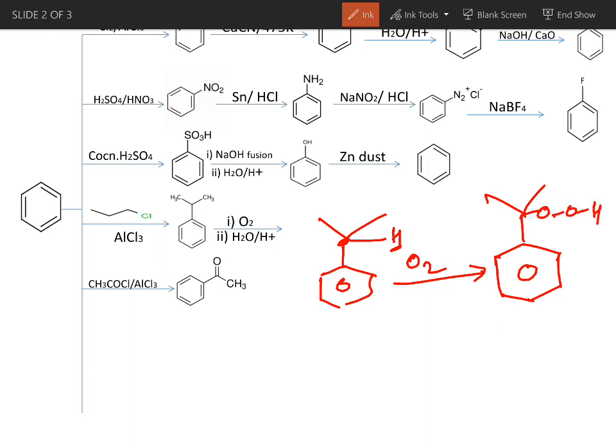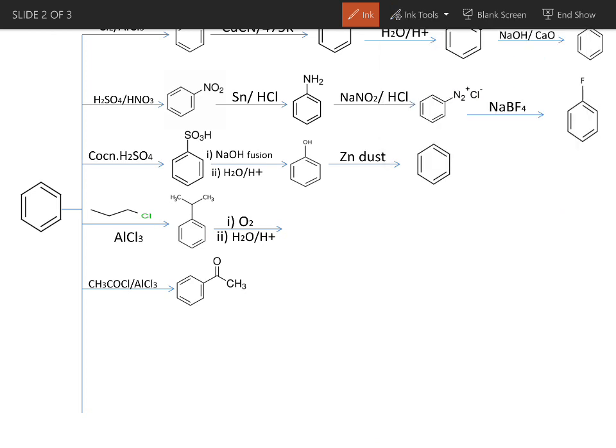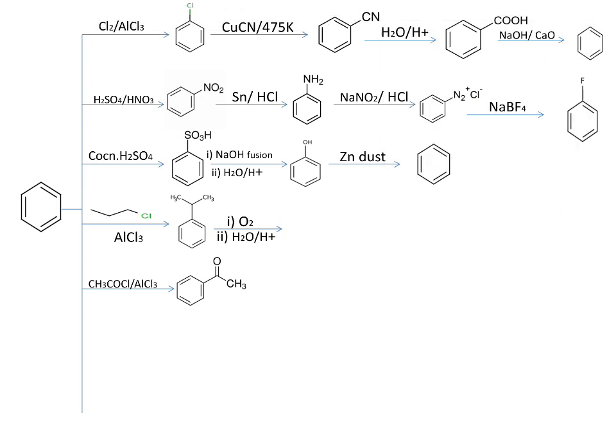Cumene hydroperoxide on further hydrolysis will give phenol. So when cumene is reacted with oxygen followed by hydrolysis, the compound formed is phenol.